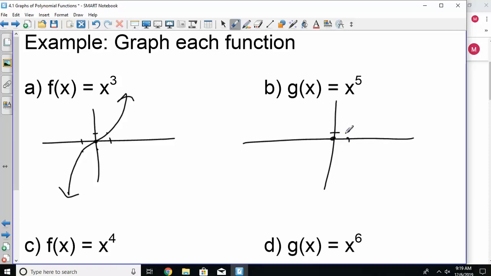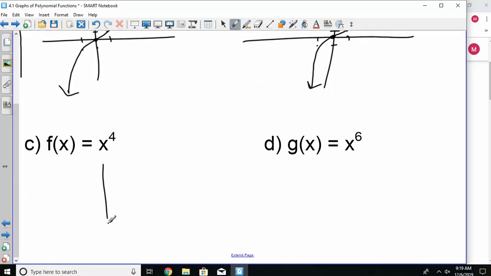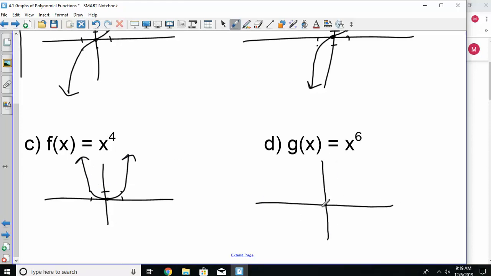Same thing, just skinnier. Right. Just a skinnier version of the same thing. Okay. x to the fourth, what does that look like? It's just a U. Yep, just like a quadratic. What about x to the sixth? Same thing, but it got smaller. Yeah, just got a little skinny.